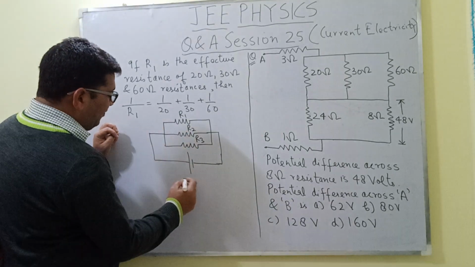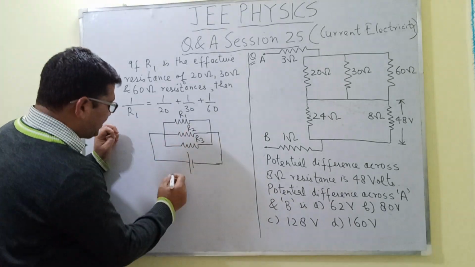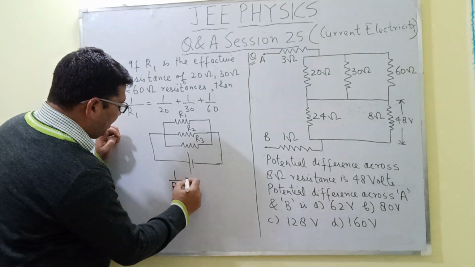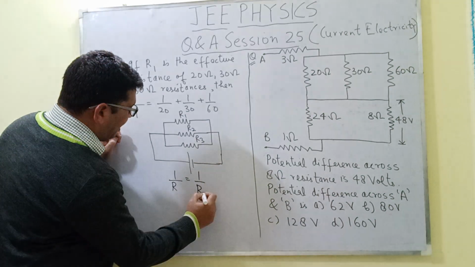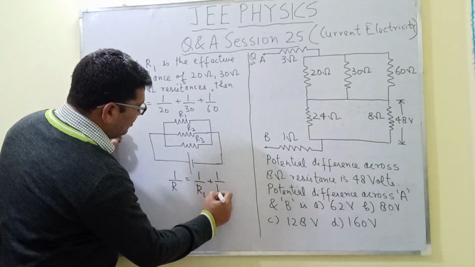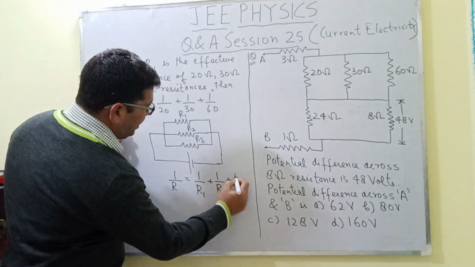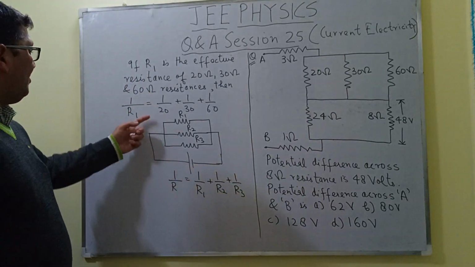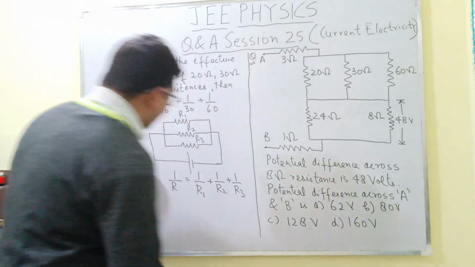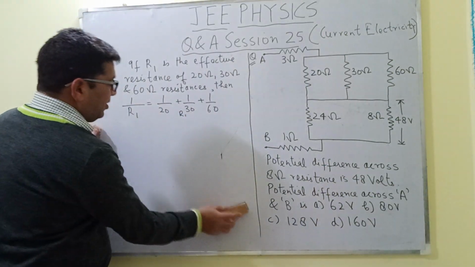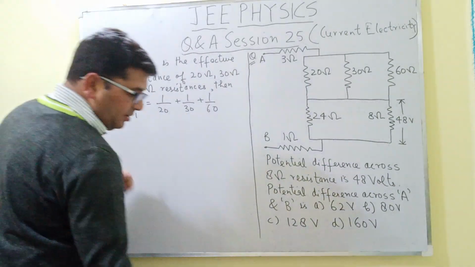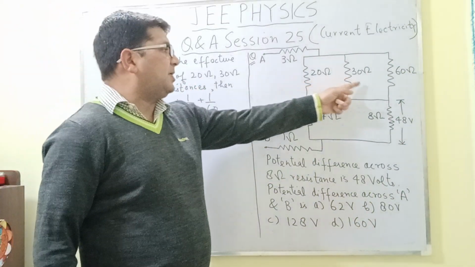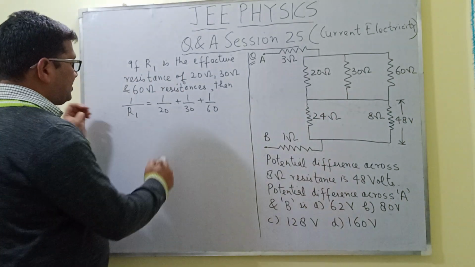So their effective resistance, say if it is R, then 1 by R will be equal to 1 by R1 plus 1 by R2 plus 1 by R3. So using this formula, we can now calculate the effective resistance of this 20 ohm, 30 ohm, and 60 ohm resistors.